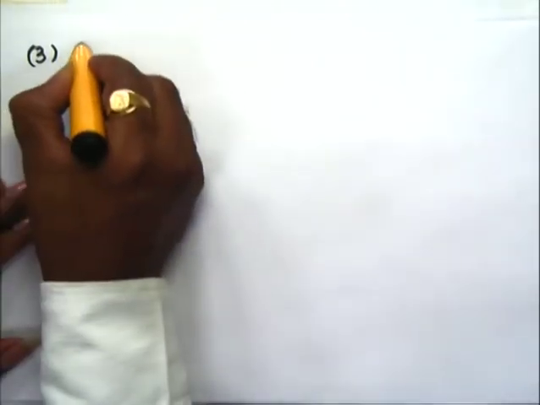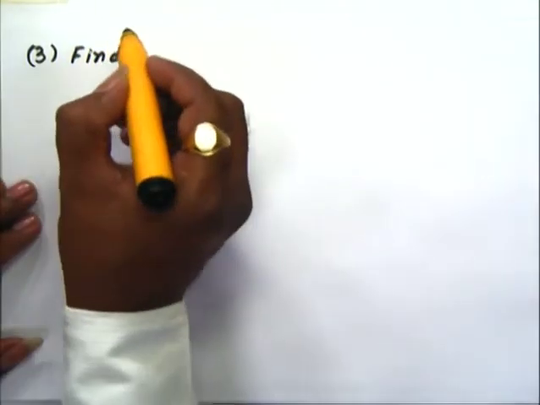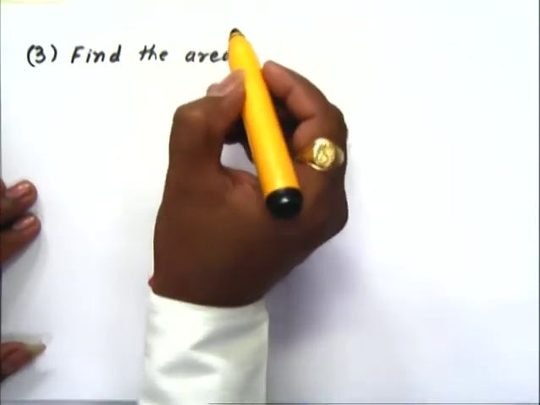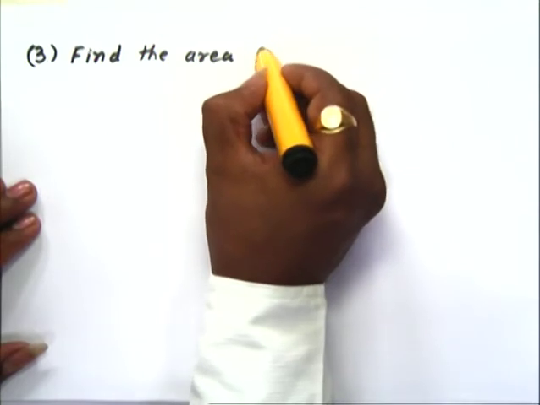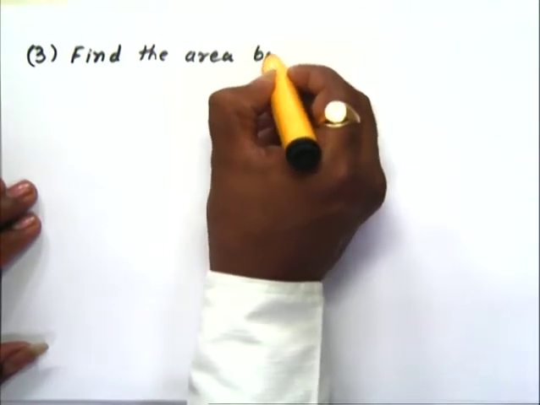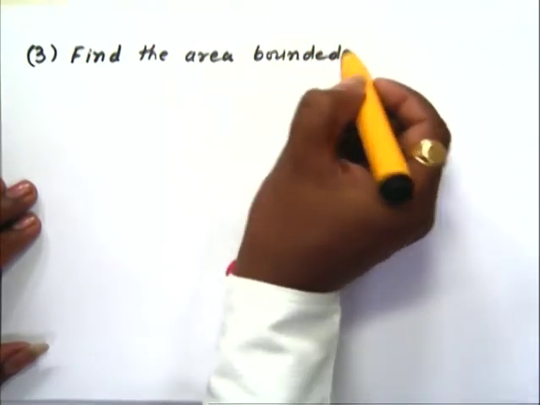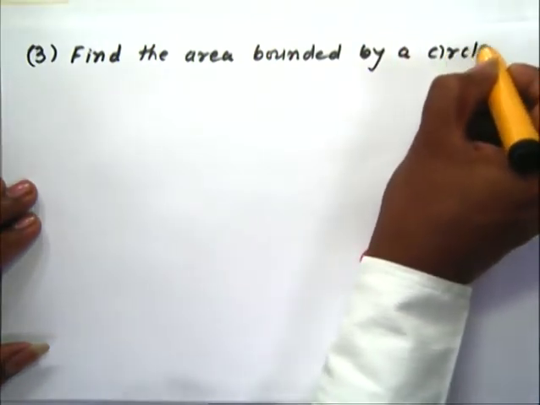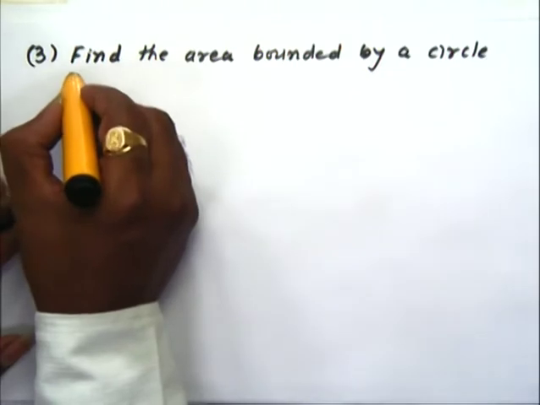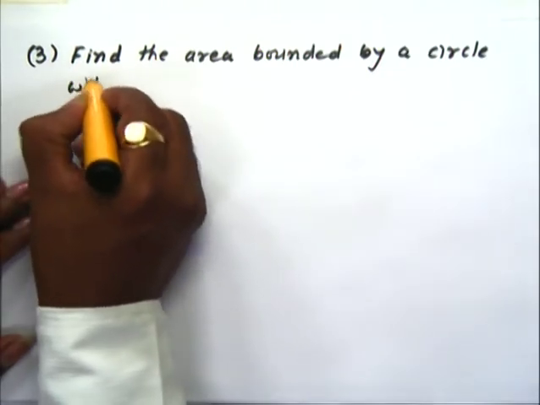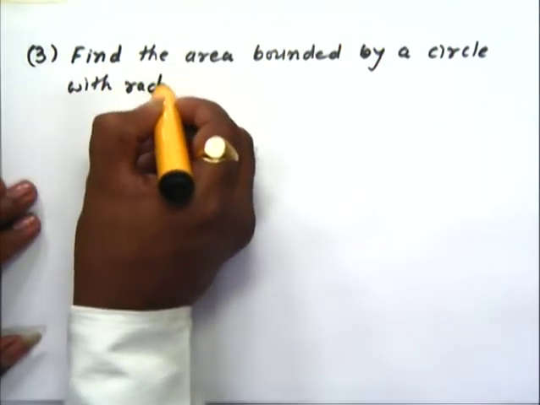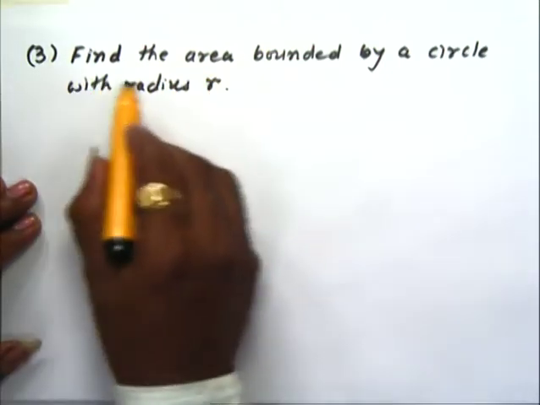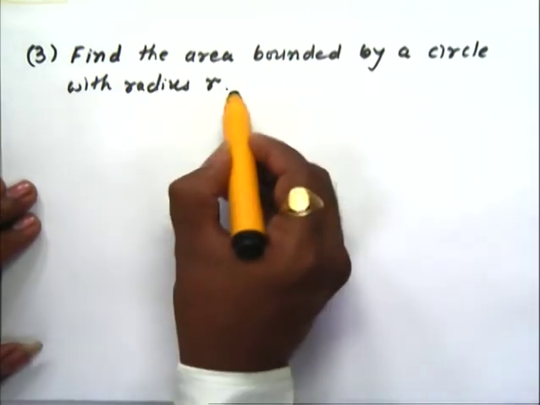Find the area bounded by a circle with radius r.